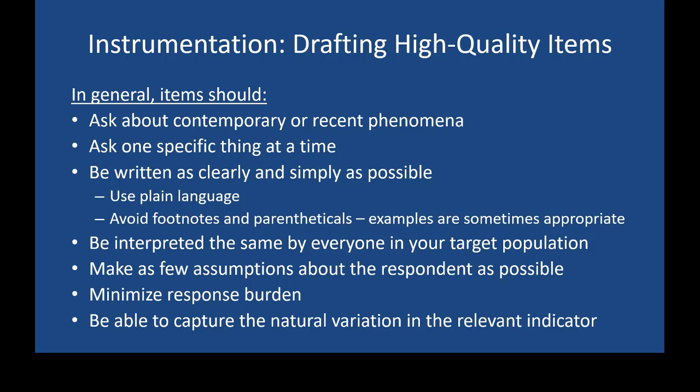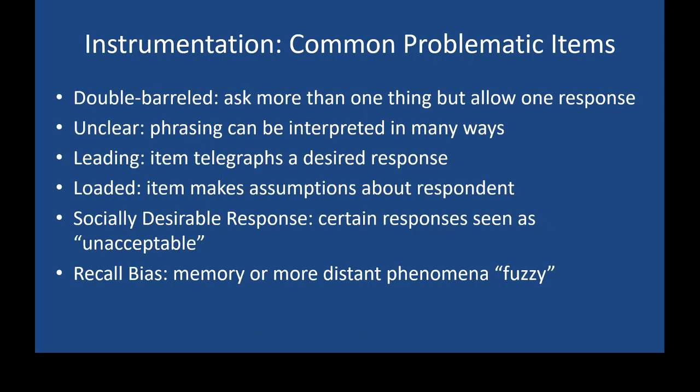What that means is that if you think that there's lots of variation in, say, culture and climate across schools, then you want to make sure that your measures of culture and climate show differences across schools. If you think that should be the case, that's the natural variation. The reason why I bring that up is because if you don't have variation, then you can't do anything with that variable in analysis.